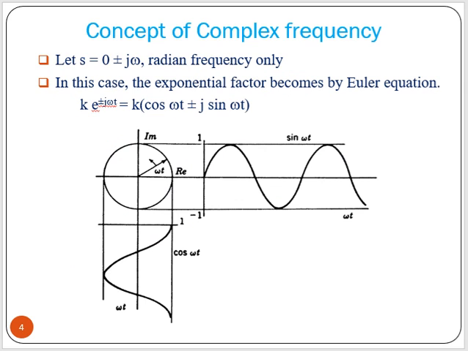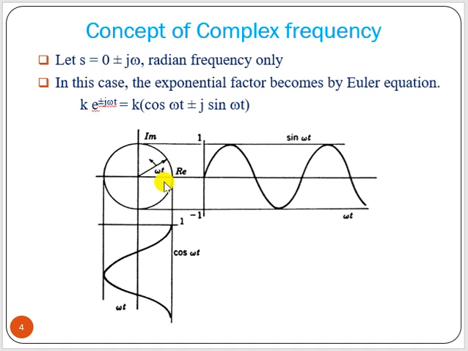Now when sigma is 0 and we have only a j omega term, what will happen? We can write k e to the power plus or minus j omega t, and according to the Euler identity we can write k times cosine omega t plus or minus j sin omega t. In this term, cos omega t is the real part and j sin omega t is the imaginary part.